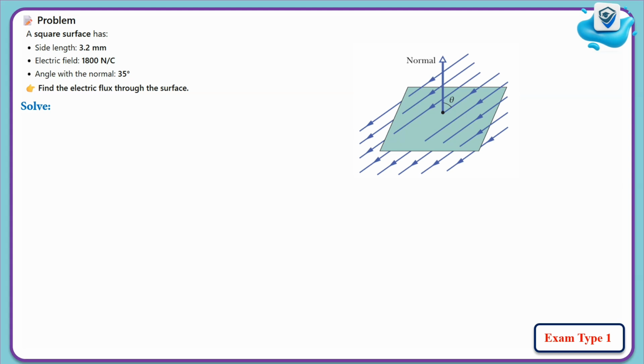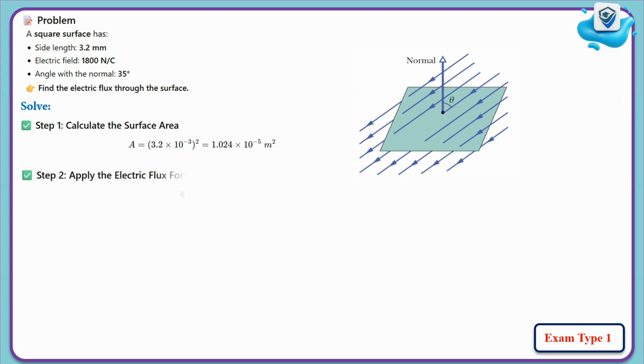Now let's solve it step by step. Step 1. First, calculate the area of the square. Area equals side squared. After converting millimeters to meters, we obtain 1.024 times 10 to the power of minus 5 square meters.